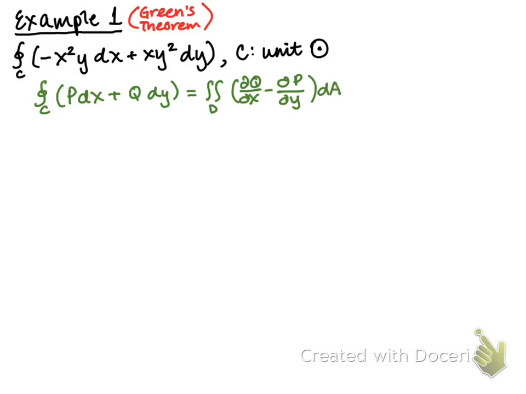Okay, so a couple of things. Let's write out what's going on here. P dx and Q dy. So our P is negative x squared y.